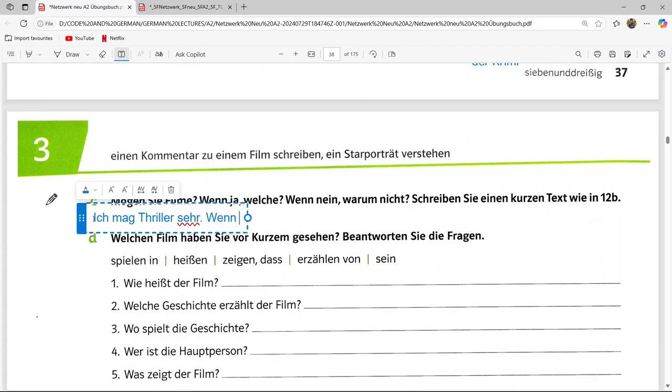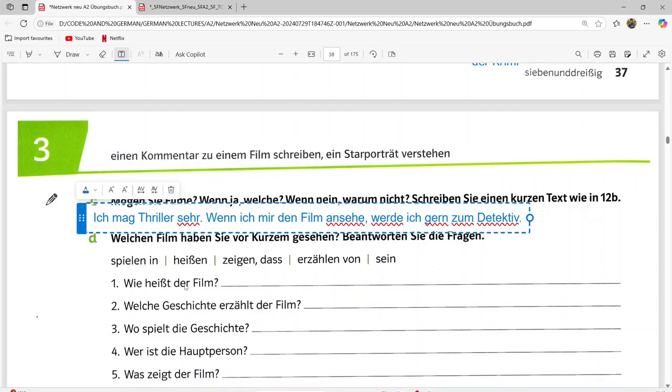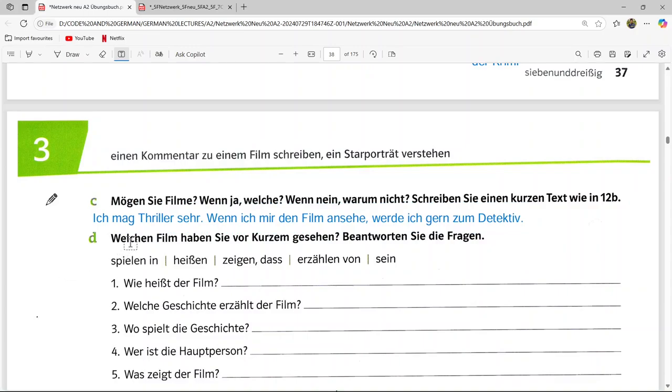Wenn ich mir den Film ansehe, werde ich gern zum Detektiv. So when I see the film, I want to become the detective in the film, like this.